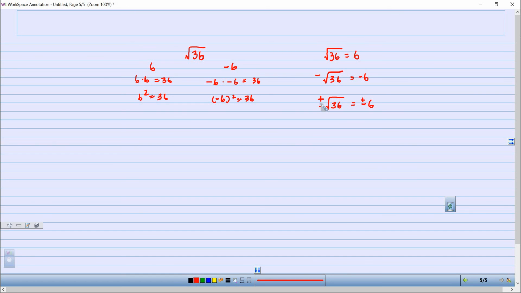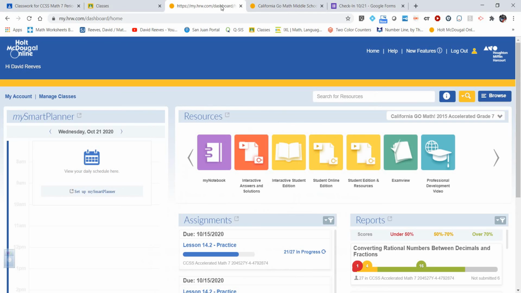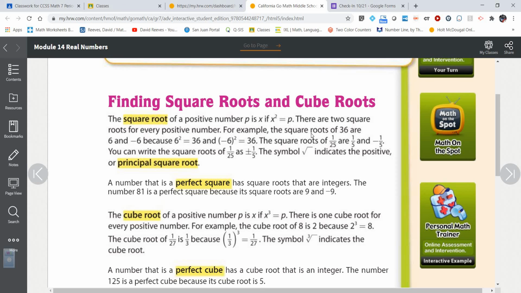I don't know why, as math people, we say plus and minus 6. So again, that's how square root works. That's the square root symbol. It means what number times itself gives you that number. You will always have one positive answer and one negative answer. And again, we're not going to be looking at the square root of negative numbers right now.